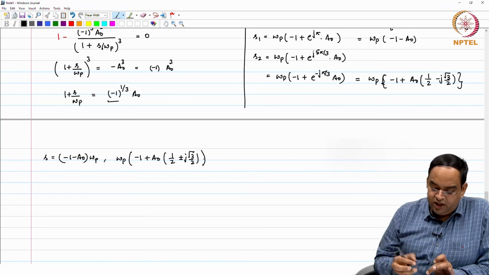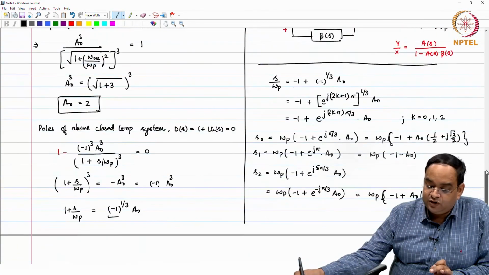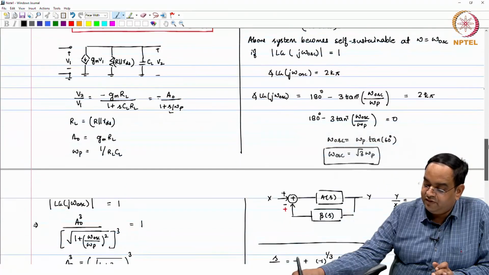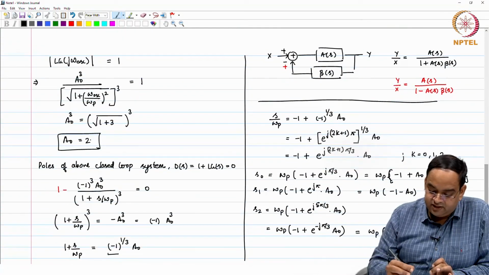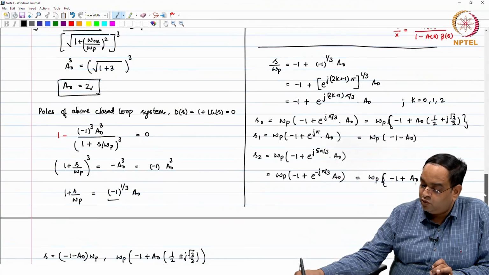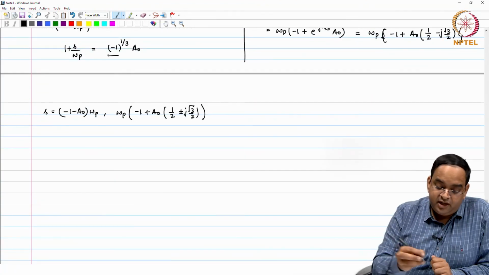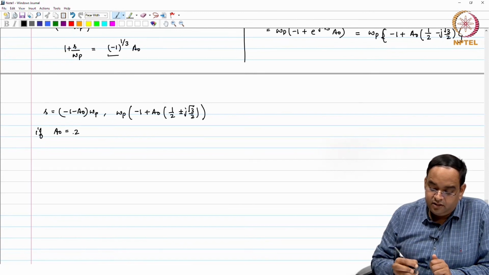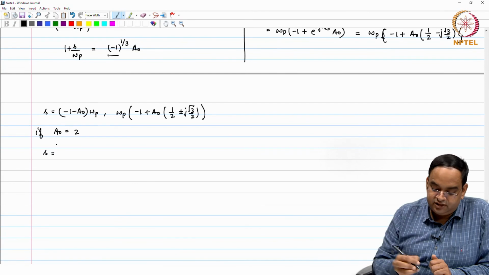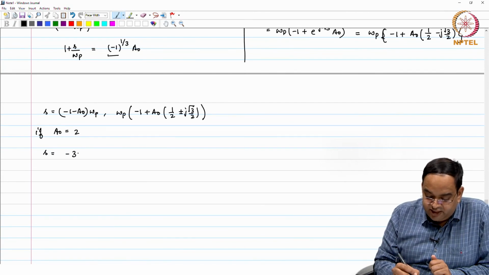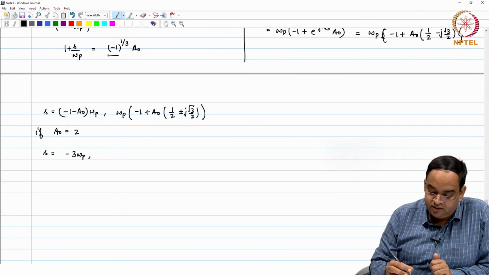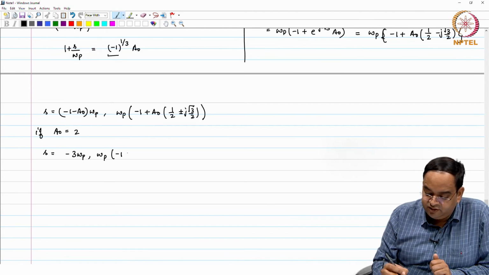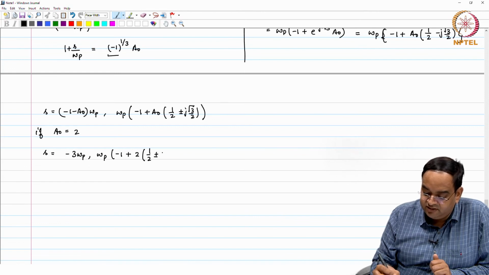Okay. So, for our sustained oscillations in this case, we found a couple of things, that A naught is equal to 2. Okay. If A naught is equal to 2, then the roots of this closed loop system are minus 3 times omega p, and the other ones are minus 1 plus 2 times half plus minus j root 3 by 2.